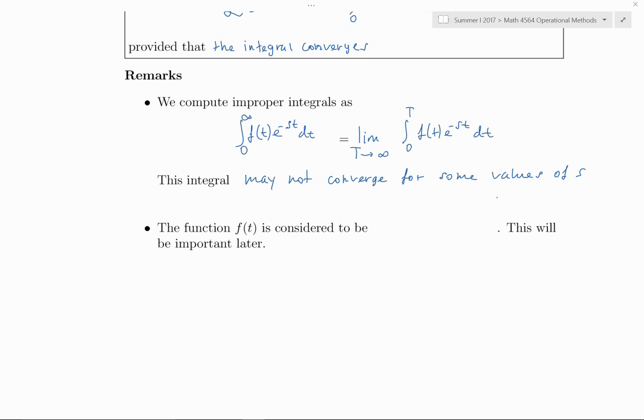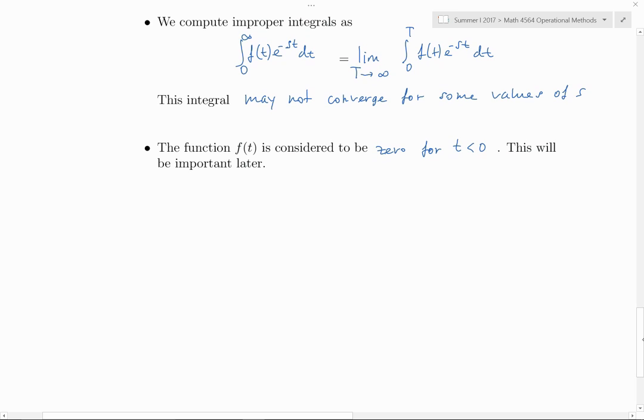So whatever happens with the function little f of t before 0, when t is negative, that doesn't affect the Laplace transform. However, it is a convention that f of t is considered to be 0 for negative t. And those will be very important later when we consider shifts of this function to the right.